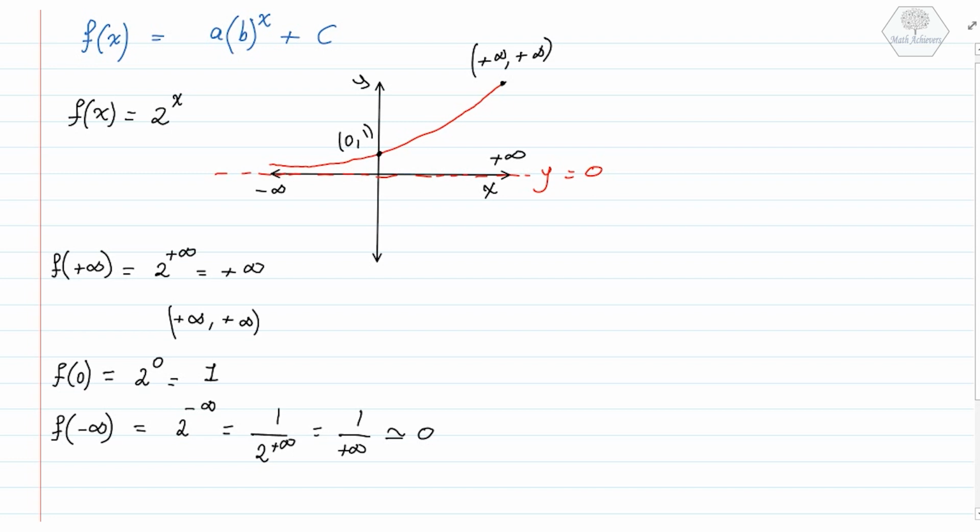So since it's approaching 0 as x goes to negative infinity, I'm having here a horizontal asymptote at y equals 0, which is this. This is my horizontal asymptote. This is my exponential function.